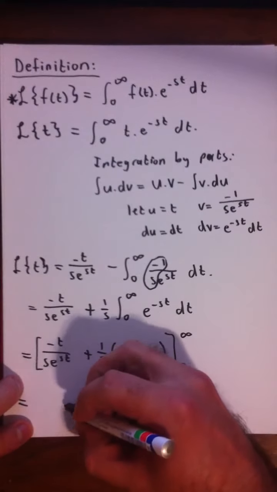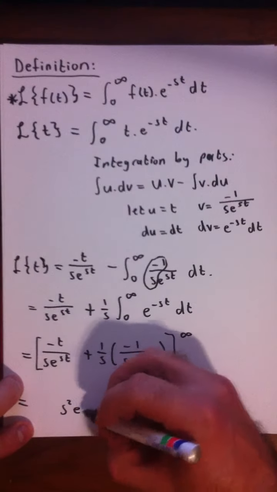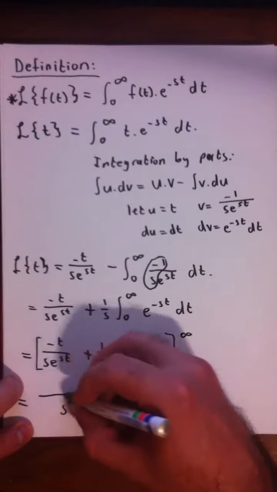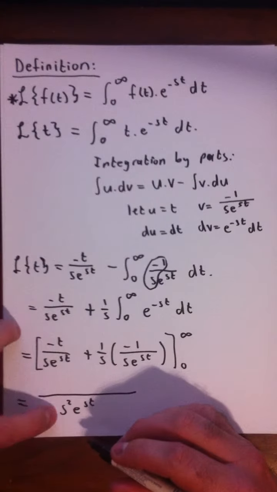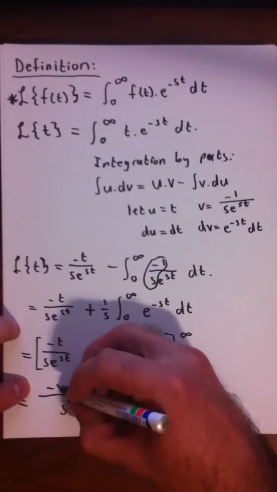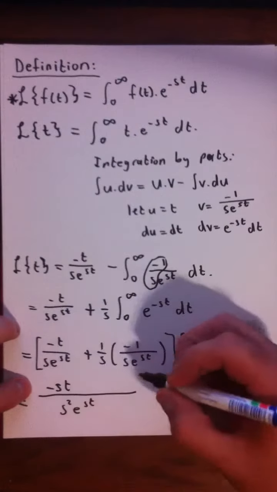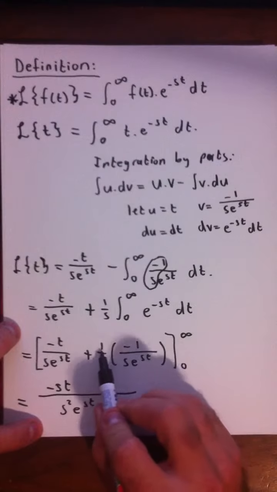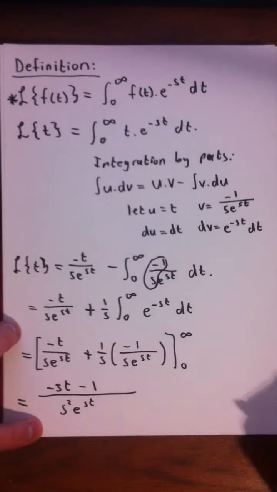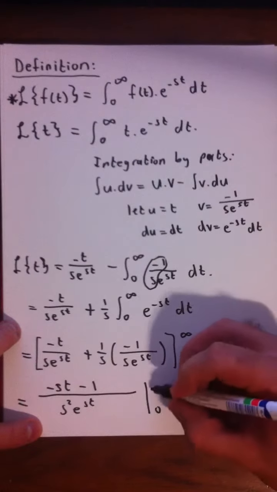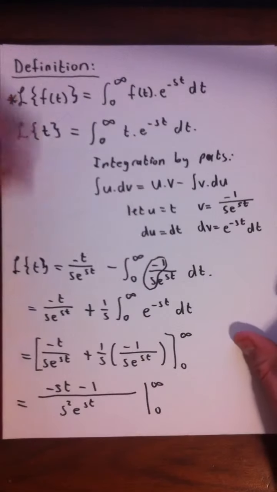So the new denominator will be s squared e to the st. We needed to multiply with an s to get the s squared, so the top has to be multiplied with an s as well. So we've got negative st, and 1 times negative 1 gives us negative 1. And that has to be evaluated from 0 to infinity.